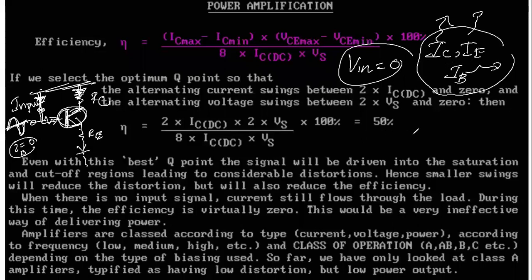But when this one represents the external input, when your external input is 0, you still have a direct current through the circuit. Therefore, this type of amplifier is not efficient. Therefore, amplifiers are classified based on this issue.